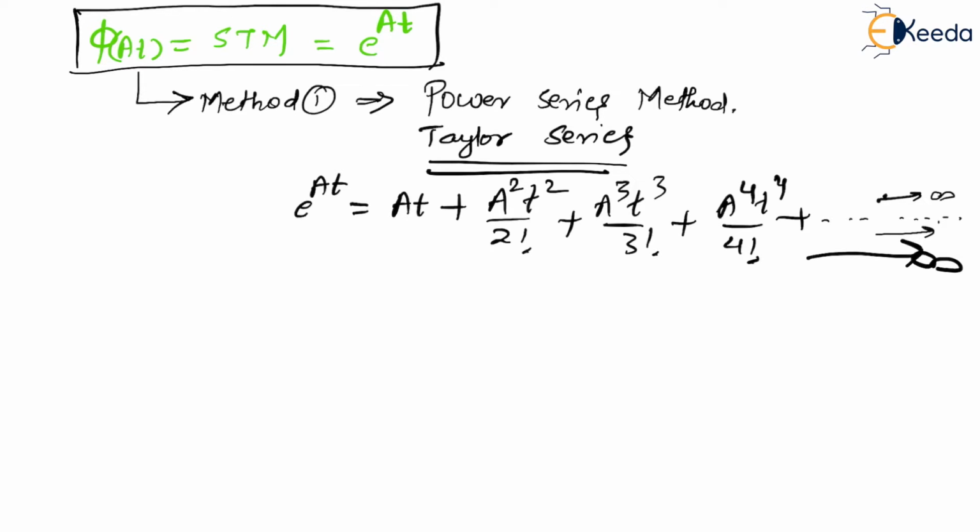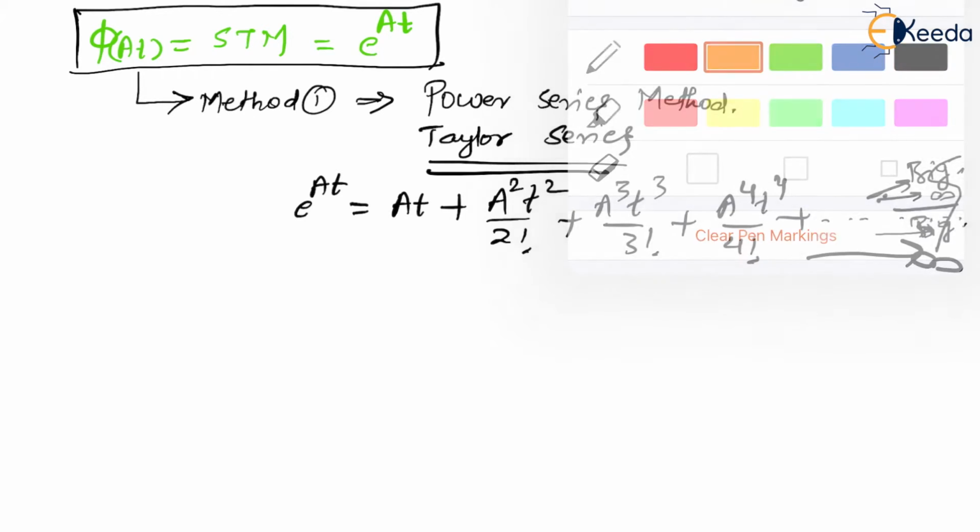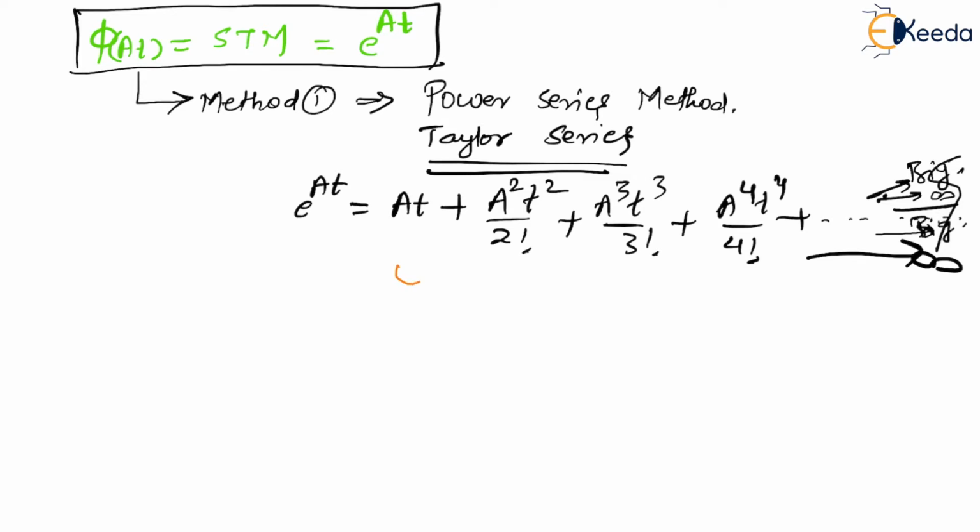We don't know where infinity is, but we know the number is very big divided by a very big number, so it will get cancelled out. So you will stop the expansion somewhere, where you might probably solve this up to, let us say, here. You may solve here, no problem.